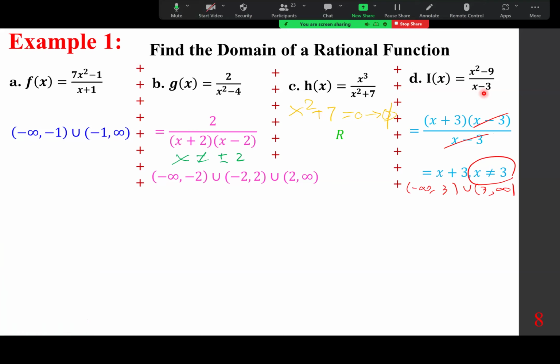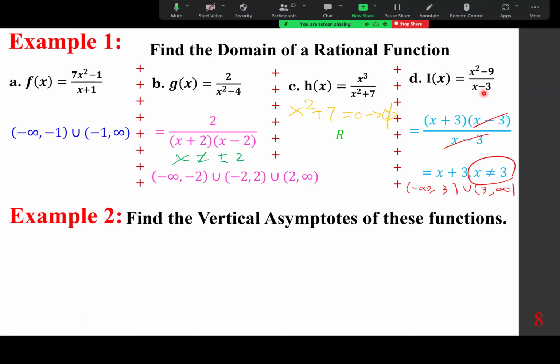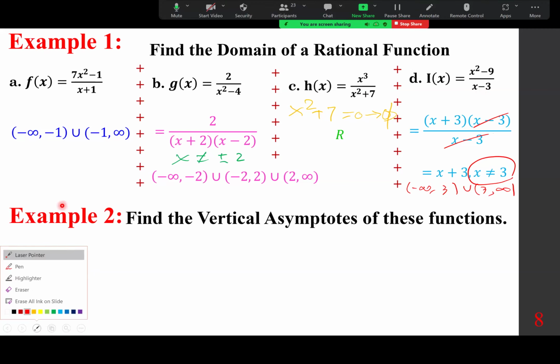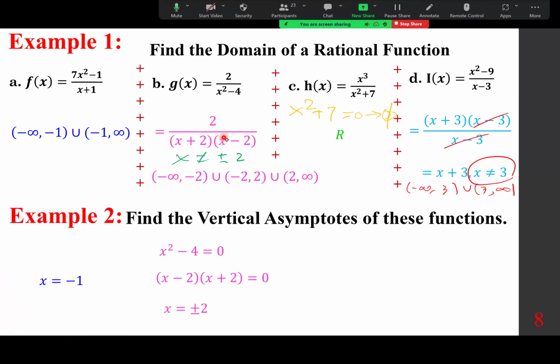That's the idea I want to discuss next. We want to find the vertical asymptotes of all of those. For the first one, x plus 1 equals 0, so x is negative 1. For the next, the factored denominator equals 0, so x is plus or minus 2, giving two vertical asymptotes. For x squared plus 7 equals 0, there are no solutions, so there are no vertical asymptotes.